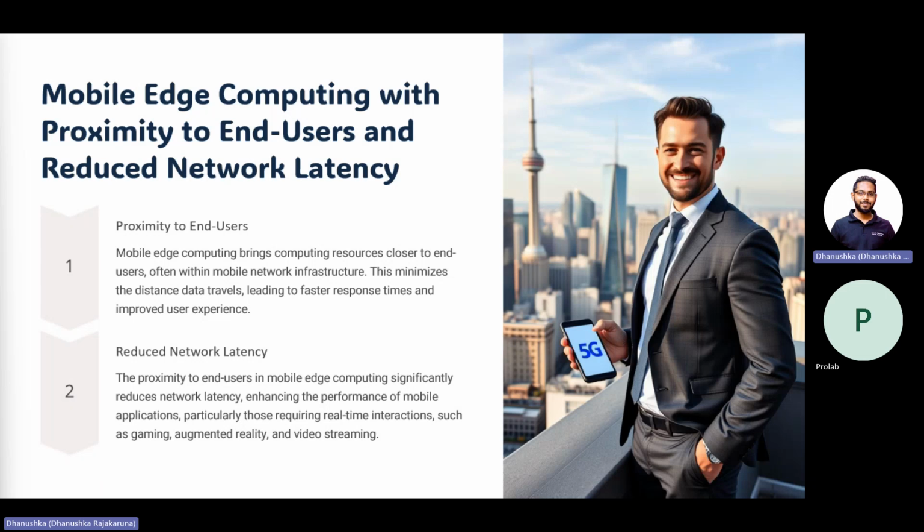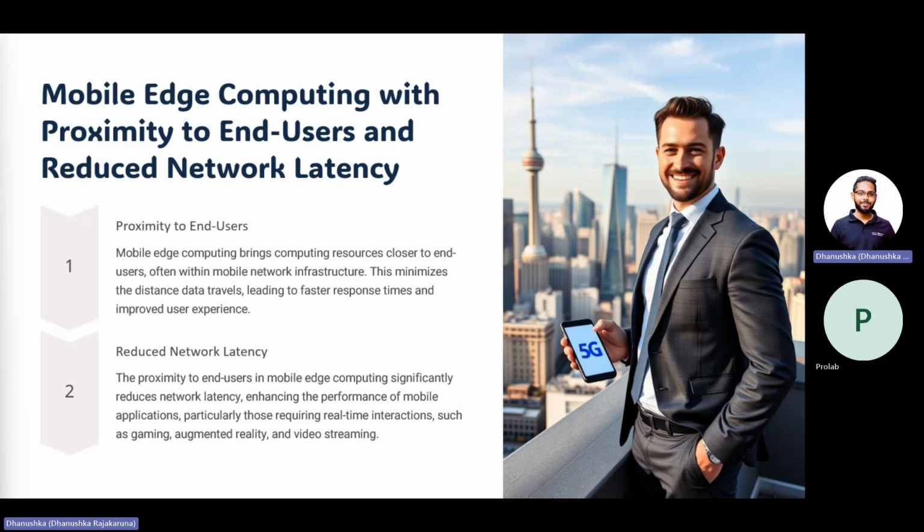Key characteristics will be proximity to end users. MEC nodes, it means mobile edge computing, I will say MEC. MEC nodes are deployed at the edge of the mobile network.